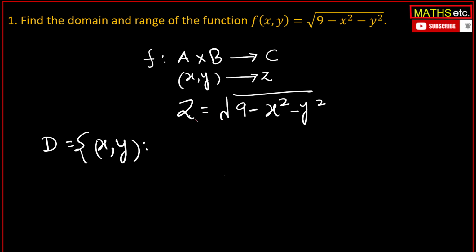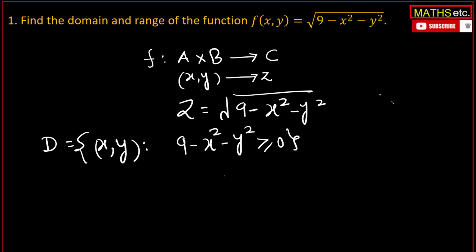So when will z be well defined and have a real value in this case? If the expression inside the square root is a non-negative number. So only those (x, y) points are allowed for which 9 minus x square minus y square is greater than or equal to 0.